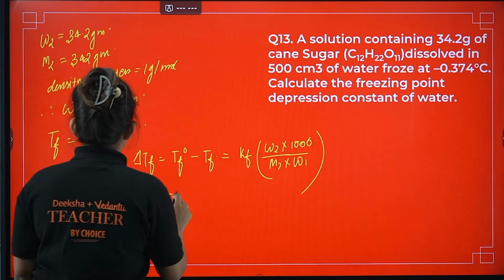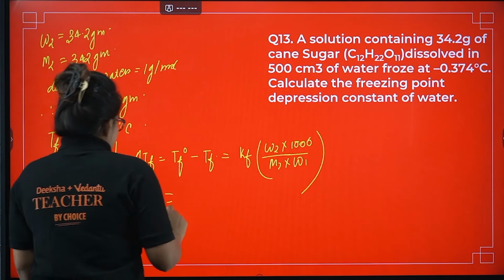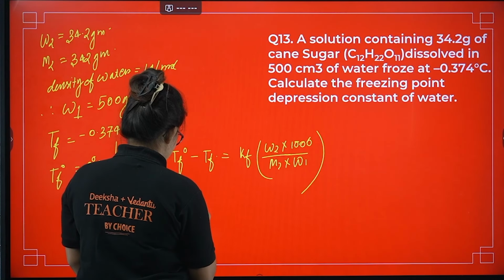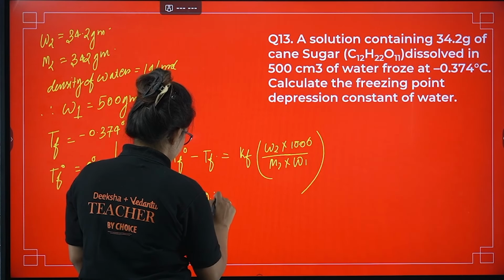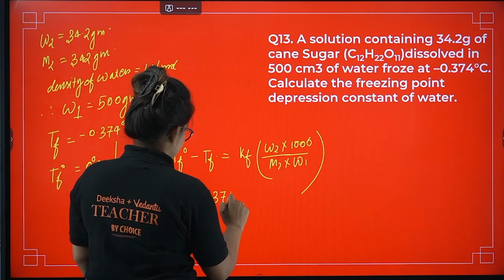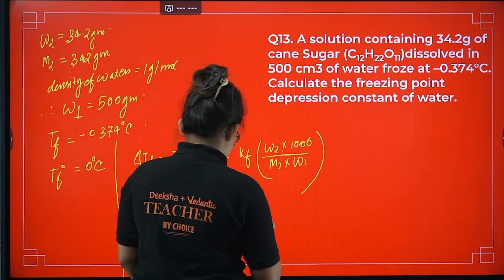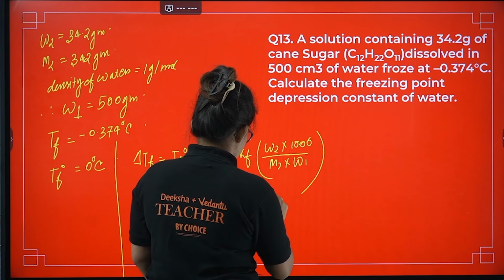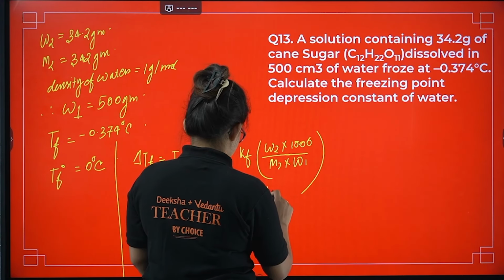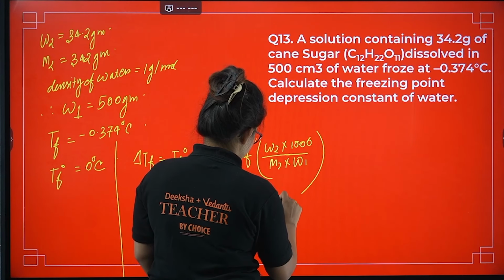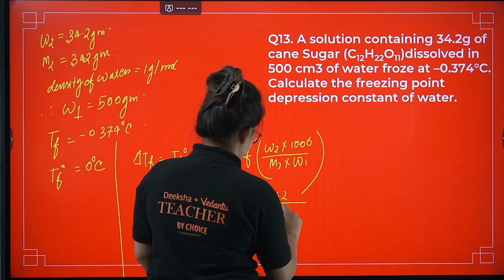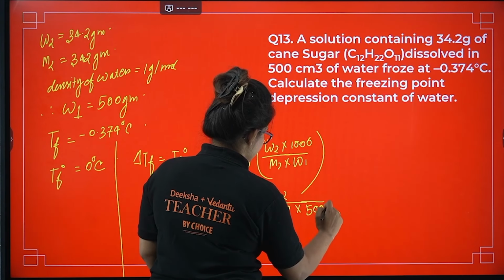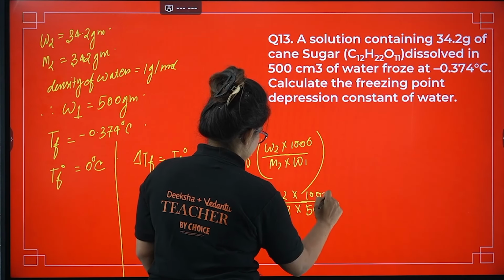So let's put everything here. 0 minus of minus 0.374 degree Celsius equals Kf, that you have to find out actually. Here W2 is given as 34.2 divided by 342 gram per mole, into water weight is 500 gram here, and here 1000.